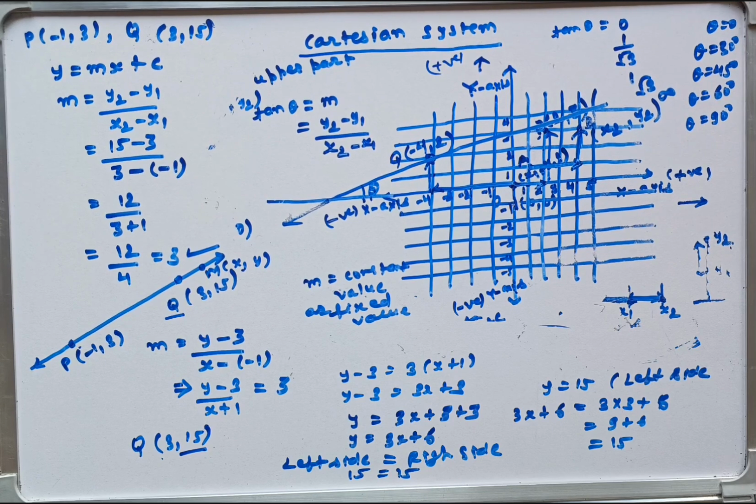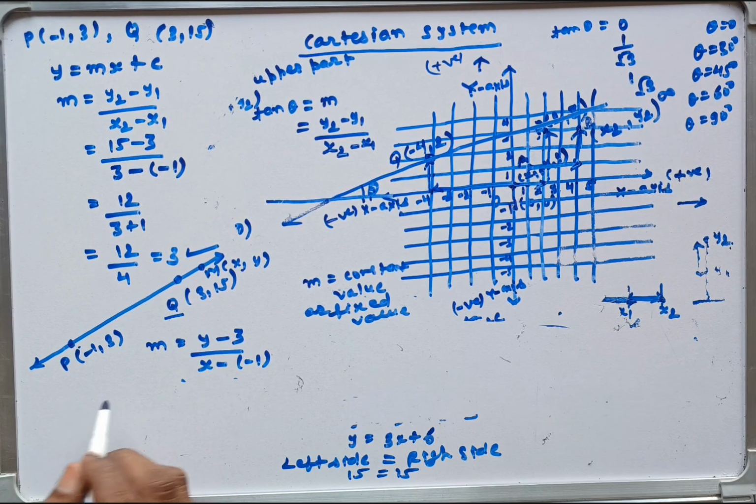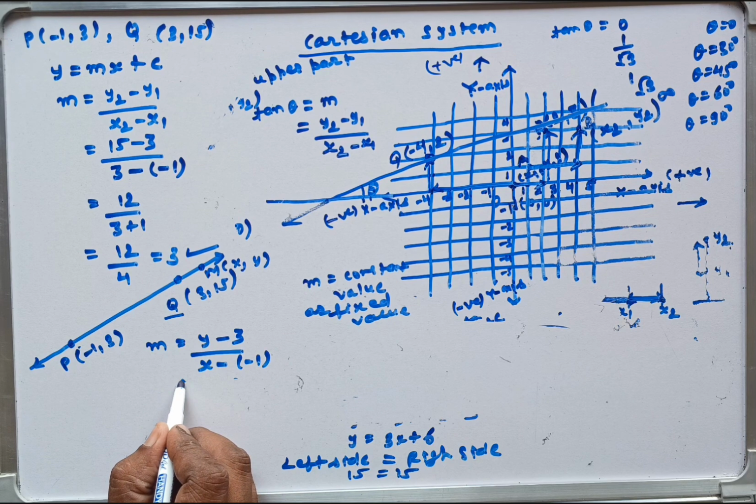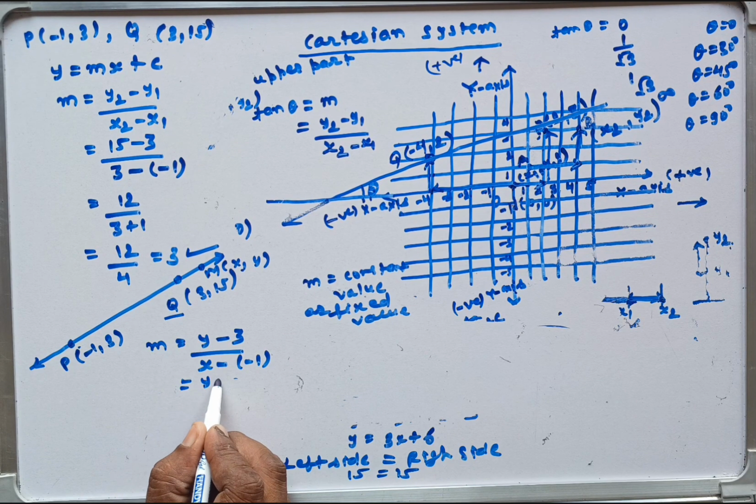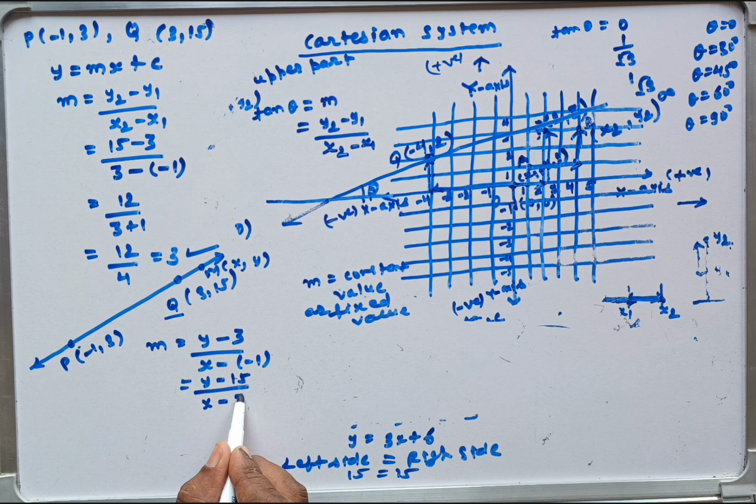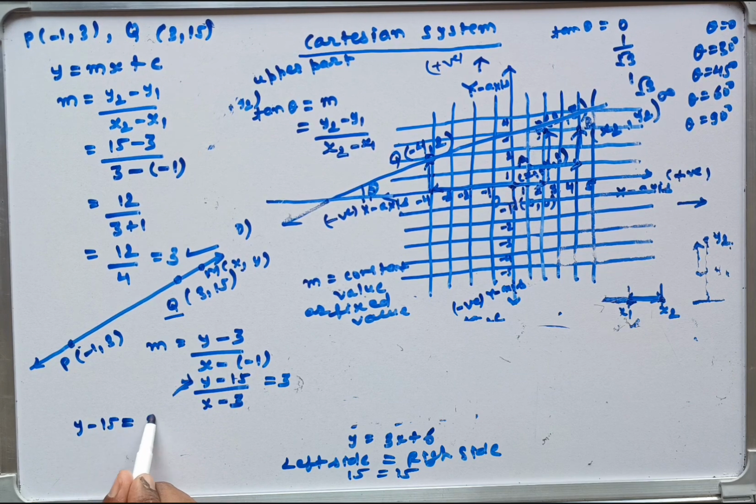Another important fact here: if we take the gradient as y minus 15 divided by x minus 3, the slope of this line is 3. So we write y minus 15 equals 3 into x minus 3, which gives 3x minus 9.